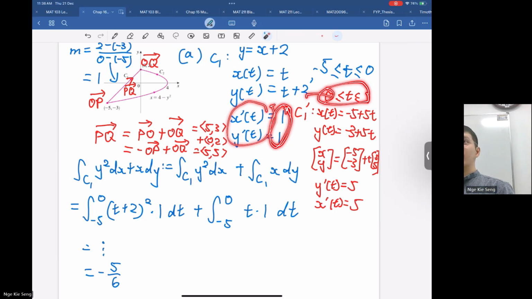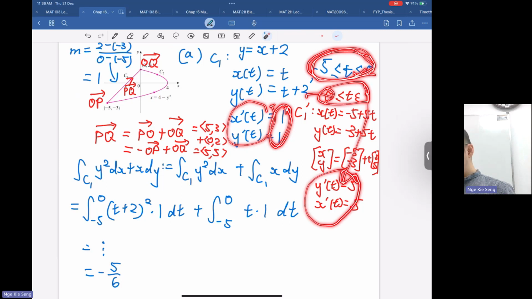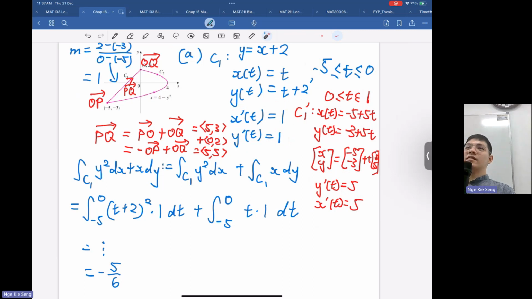But previously, the time interval is length 5. And then your derivative becomes 5. So they are compensating the changes. Does it make sense?